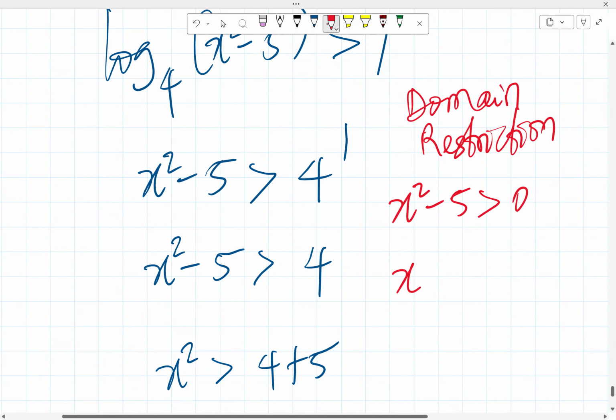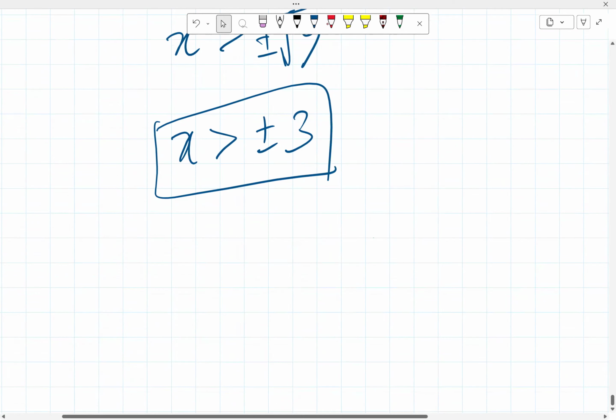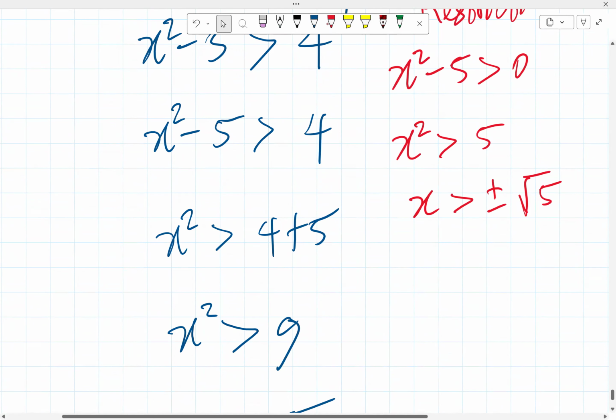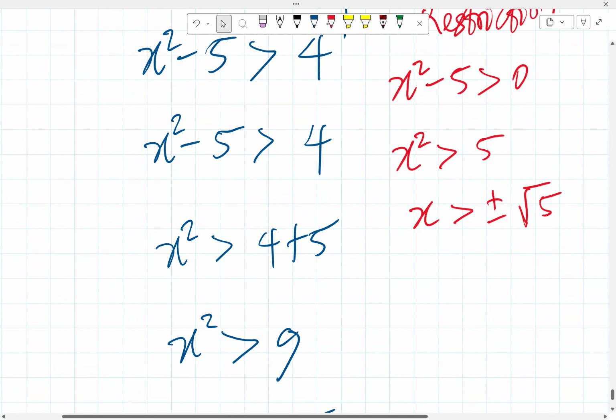That means that x squared should be greater than 5. That means x should be greater than plus or minus root 5. Of course, x should be greater than plus or minus root 5.